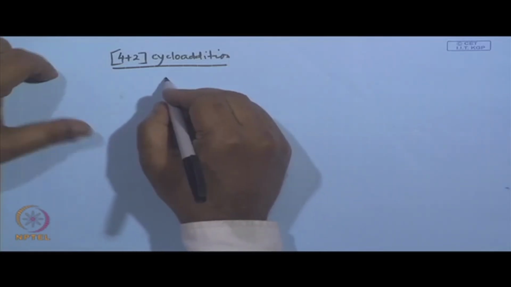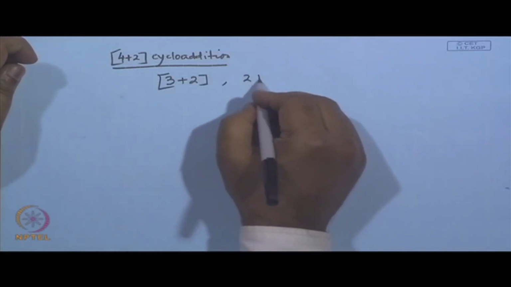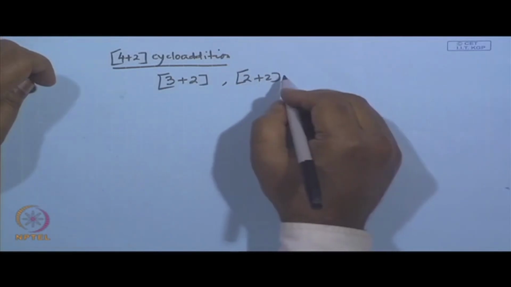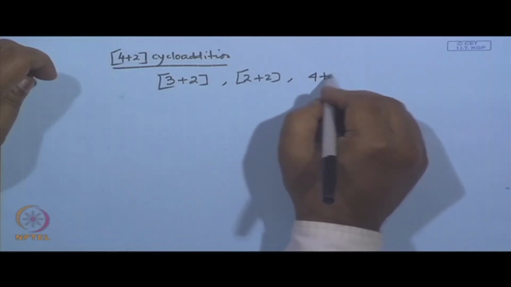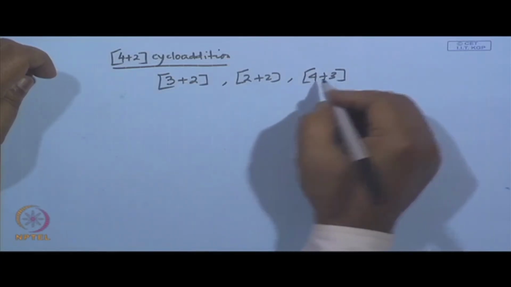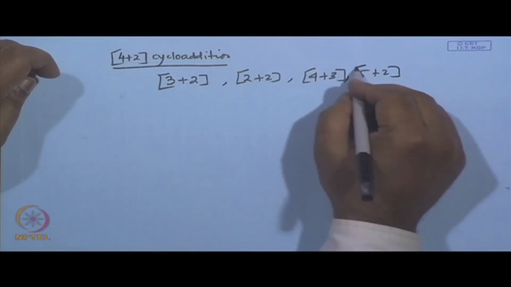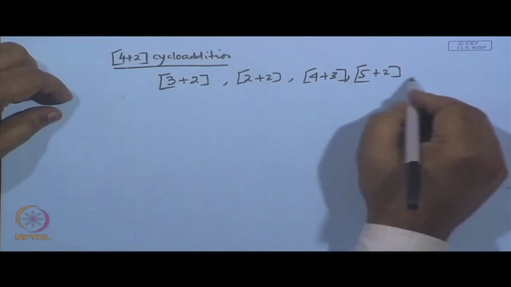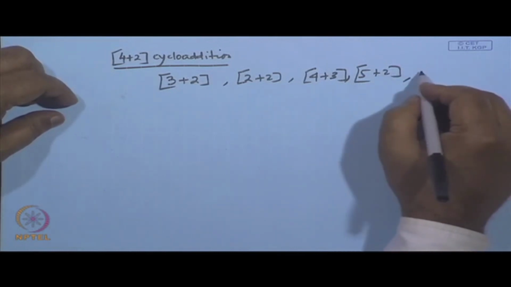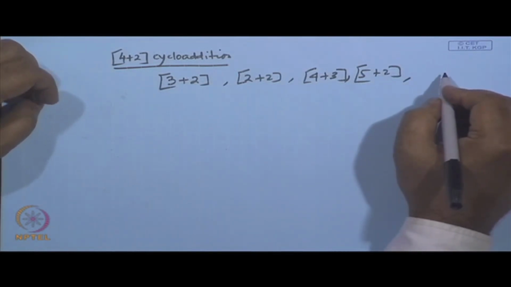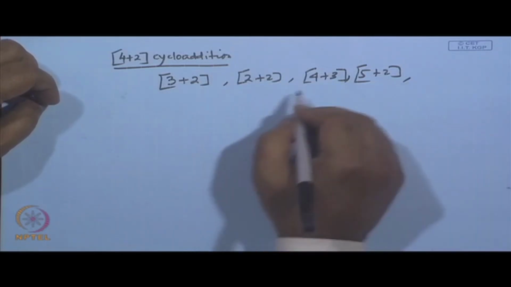Then there is a class called 3+2, also a class called 2+2, and then all kinds of 4+3, then 5+2. So, there are other higher order cycloaddition reactions known as higher order cycloadditions.